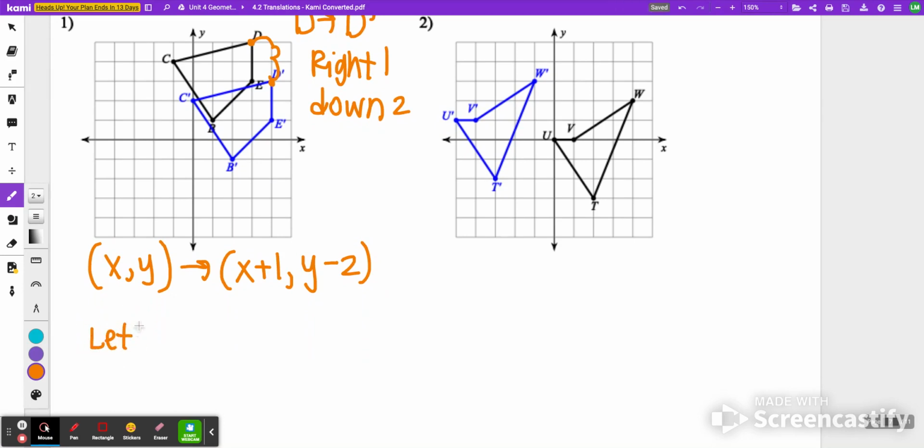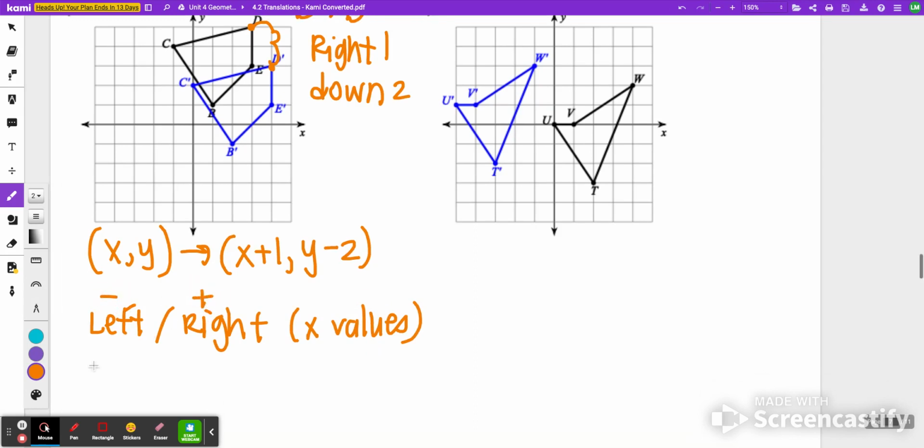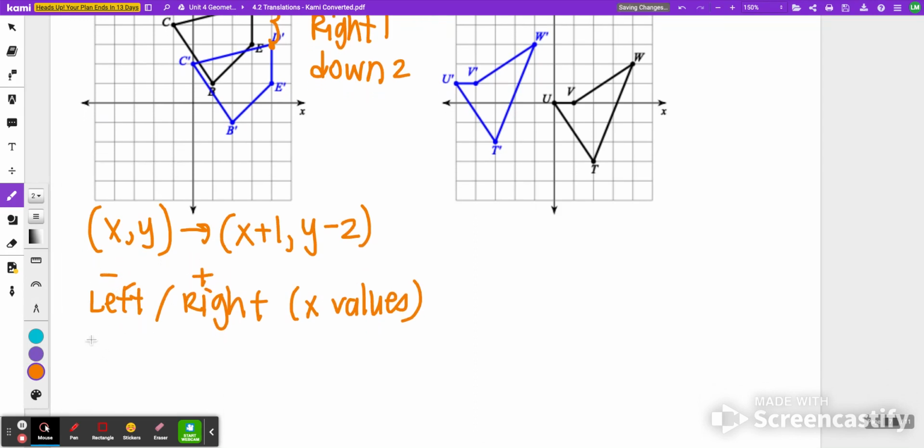Left and right are your x values. Left is going to be negative, right will be positive. And then your y values are going to be going down or up. Down would be negative, up would be positive.